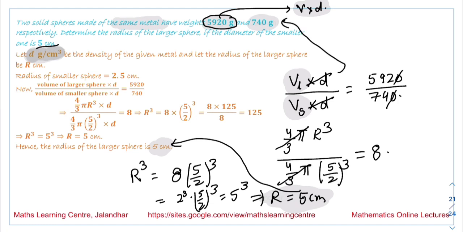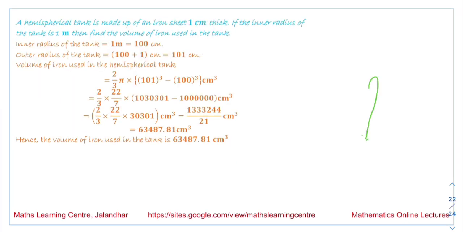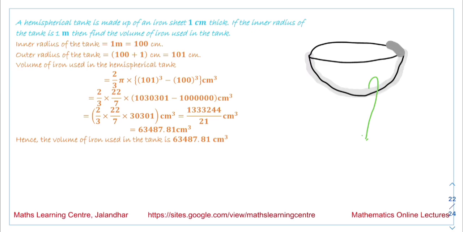Next, a hemispherical tank is made up of an iron sheet 1 centimeter thick. So we are given a hemispherical tank made of an iron sheet which is 1 centimeter thick.